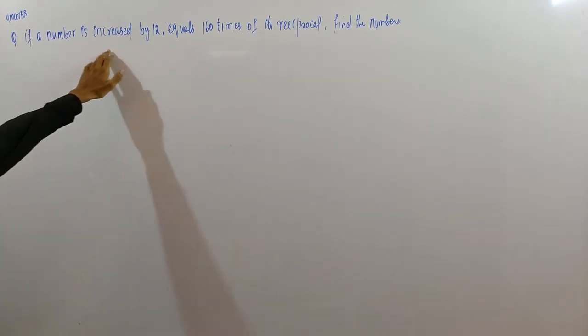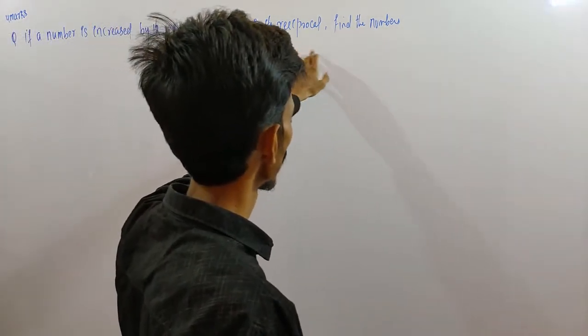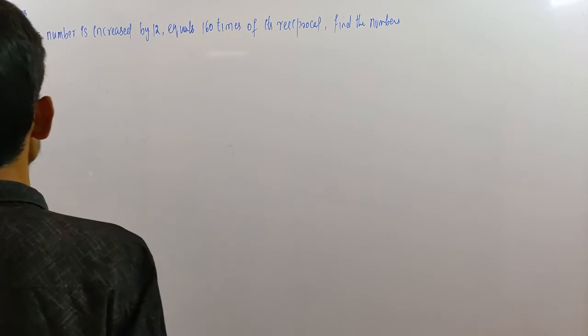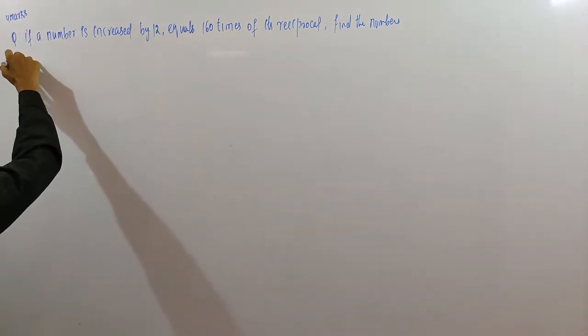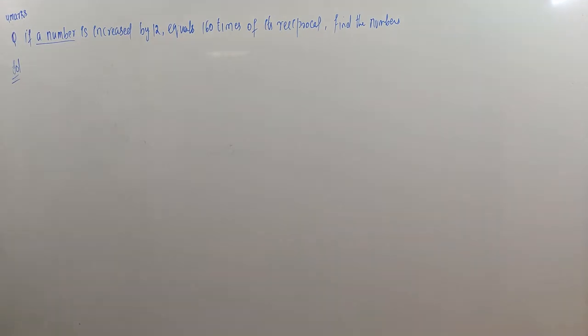If a number is increased by 12 equals 160 times its reciprocal, find the numbers. Here a number is increased by 12. So we have to find a number.